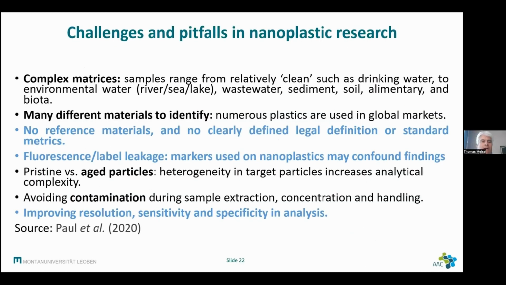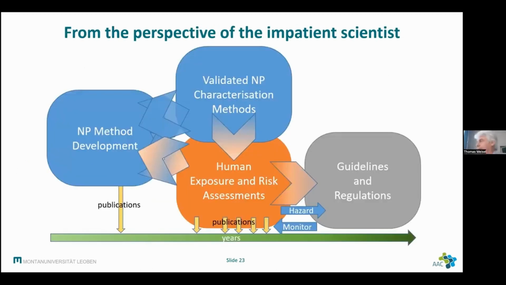So I can skip this. What I observe in reality is, instead of following this route, you have a method and then straight away apply it to your research question without having validated methods, because you want to have data published. Then you realize maybe the method you developed is not the best, and you go back to method development, and then you try more experiments and so on.